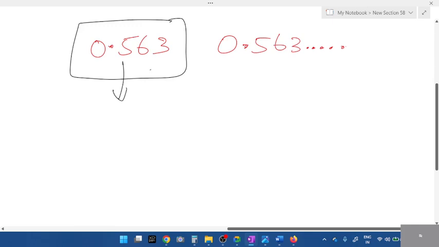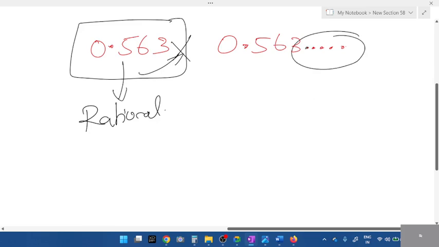There is no calculation after 3. This is a rational number. It is a decimal, it comes under rational. But look at this. This indicates that there is no stop. It goes on. The numbers are continuous. Irrational number. So remember, any decimal number which comes with dots is an irrational number.